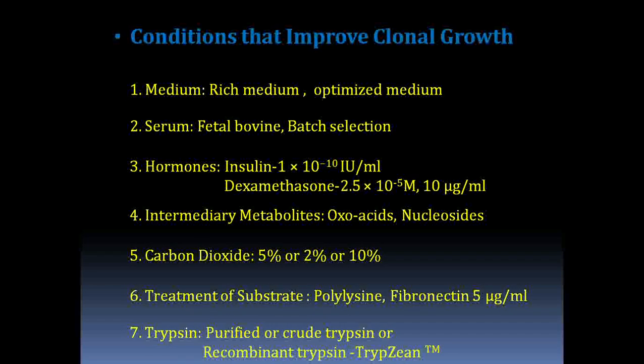So CO2 is seen to have a major impact on clonal growth. The concentration that is used is in the form of a percent, that is 5% CO2 should be there. It is usually used at 5%.